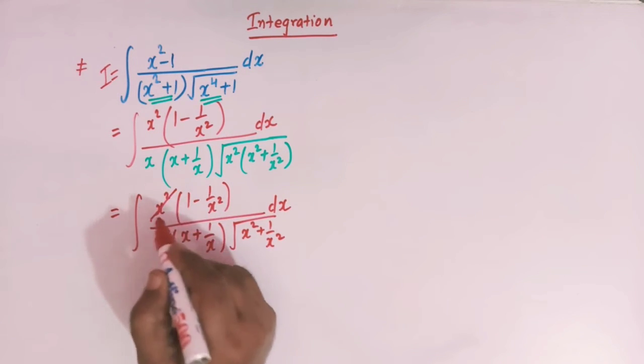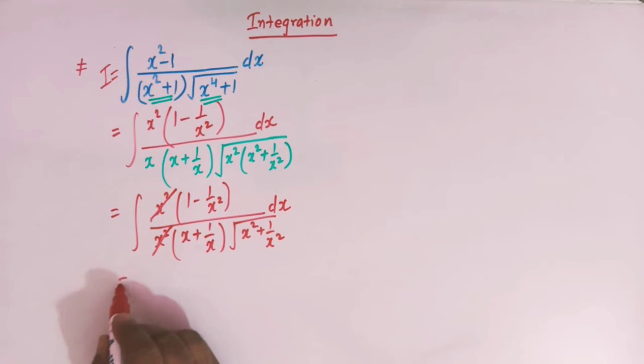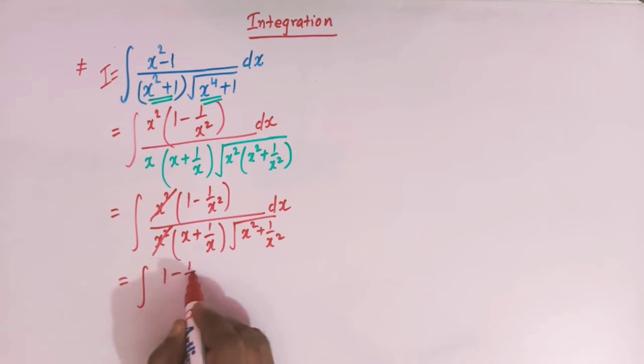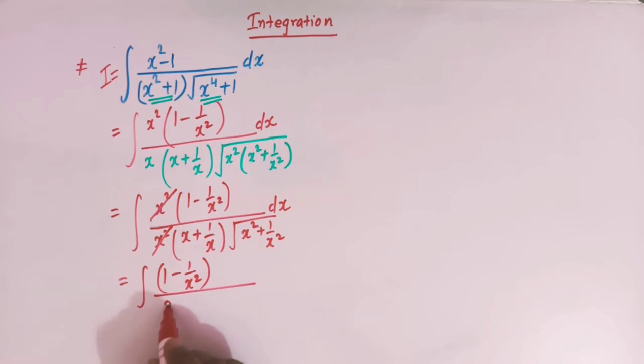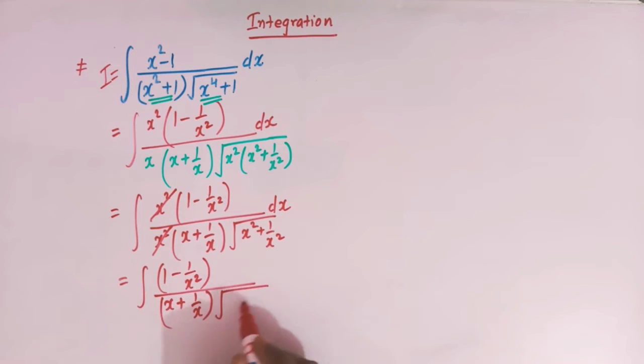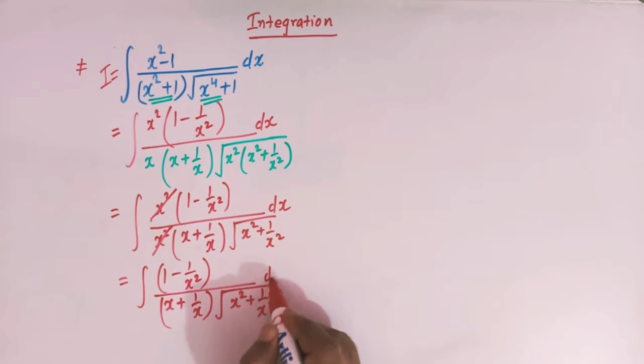And now this x square and this x square get cancelled, and we have 1 minus 1 over x square divided by x plus 1 over x, and here we have the square root of x square plus 1 over x square, right?